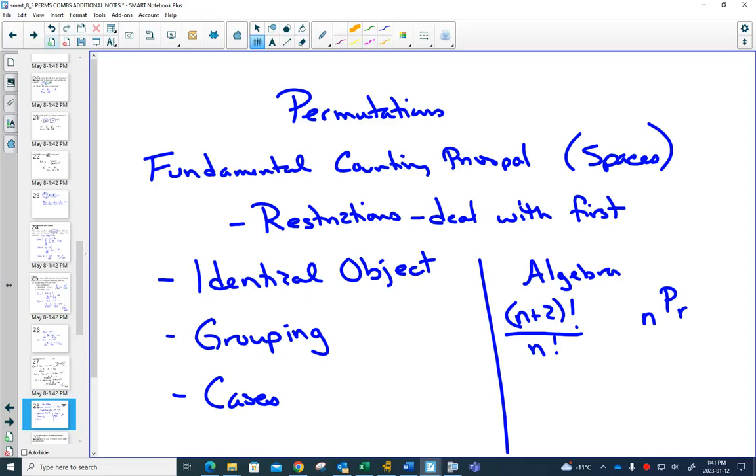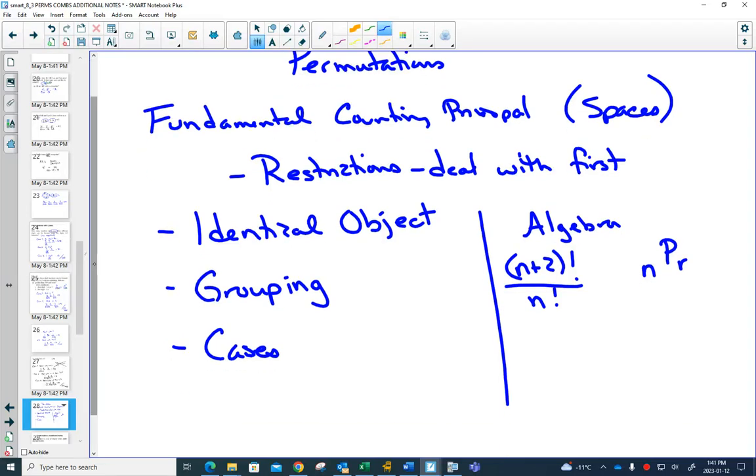Do I have identical objects? Right? And now we have these. There are going to be some questions that have identical objects and grouping, or grouping questions with cases. Oh, another thing that we looked at was the not strategy.